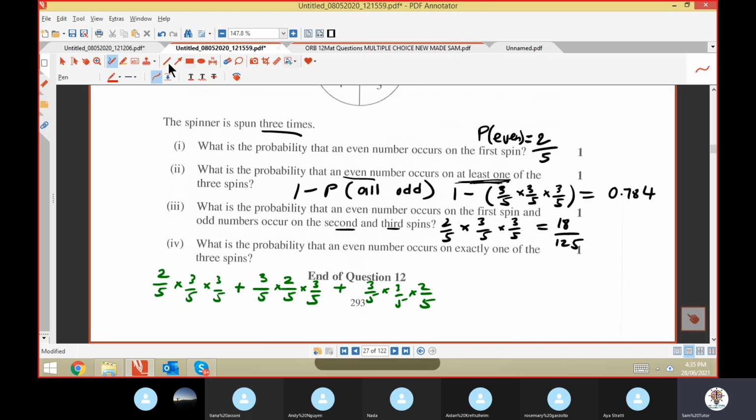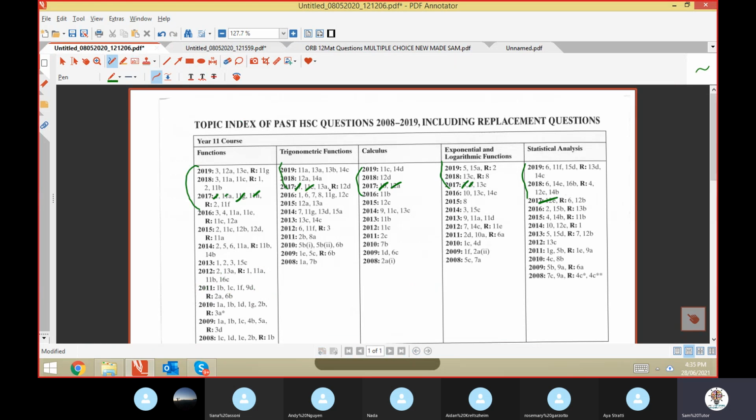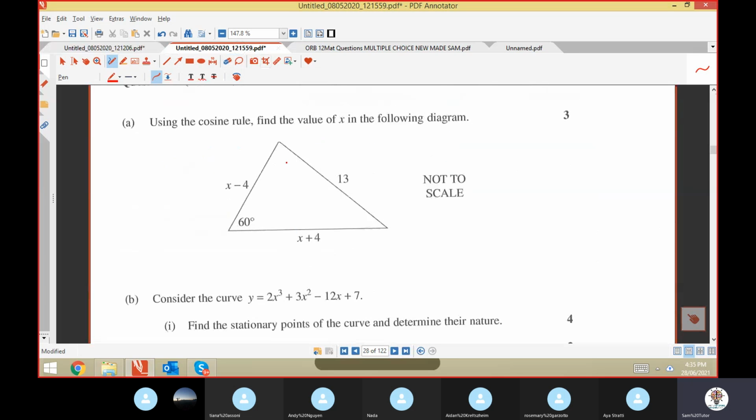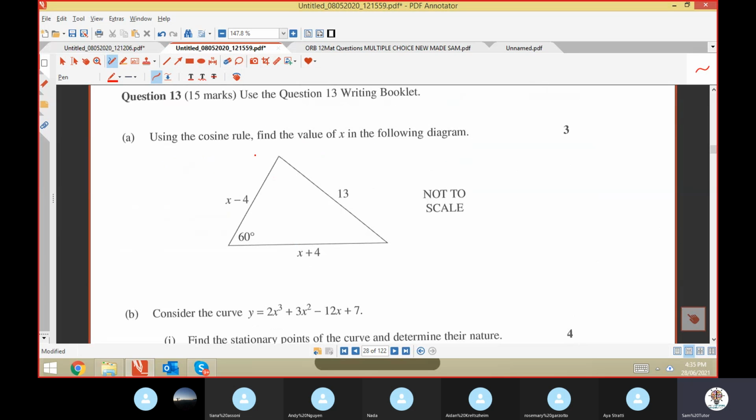All right, moving on. We're up to 13A and C. Question 13A. Okay, use the cosine rule to find x.